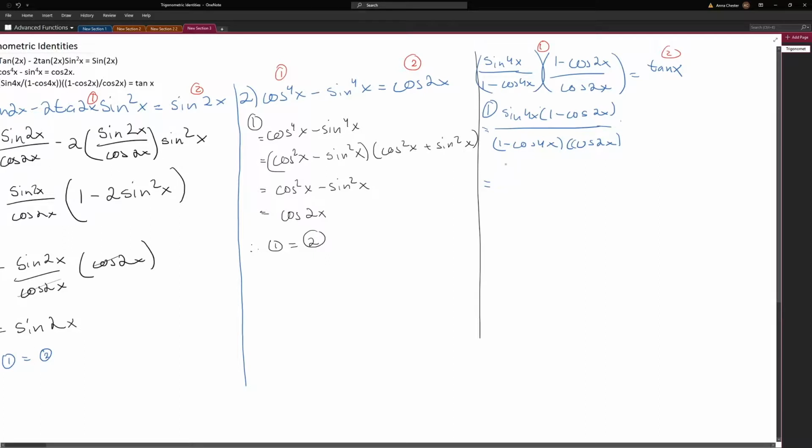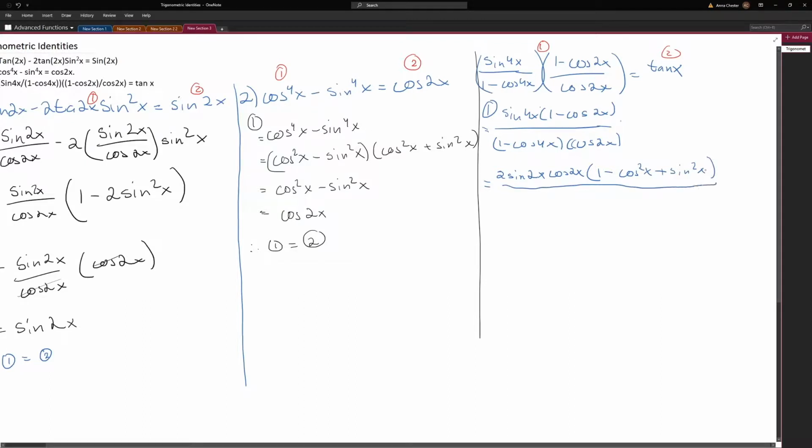So sine of 4x, right, that is the same as a double angle formula for 2x, which would mean that we actually get 2 sine of 2x cos of 2x. This over here, we could actually expand further. So cos of 2x we know is cos squared of x minus sine squared of x. However, since we had a negative in front of it, this has to be a positive.